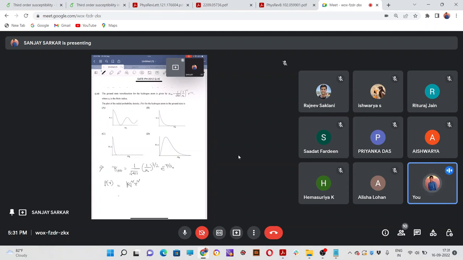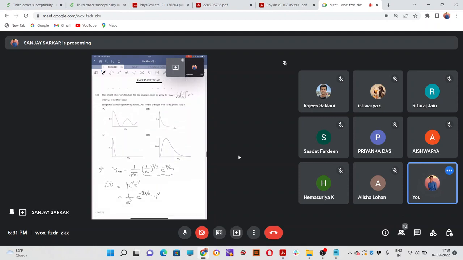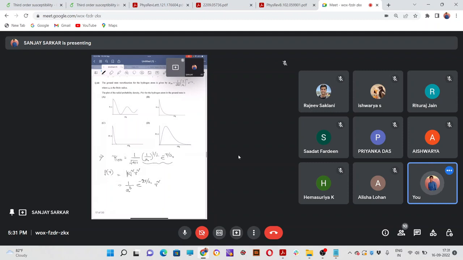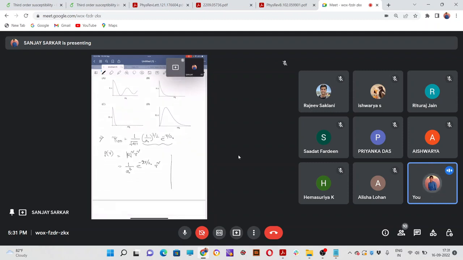So the radial part here is this part, so 1 by a naught cube, exponential minus 2r by a naught, into r square. So this is P(r), but we are given the plot of P(r). So as we can see from this function, this is r and this is P(r).